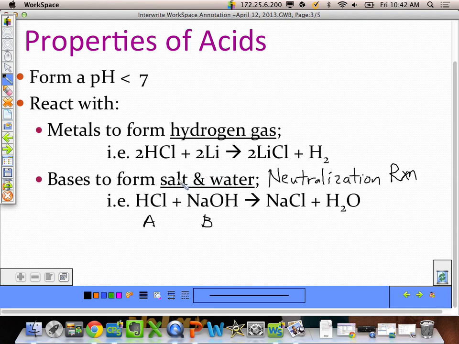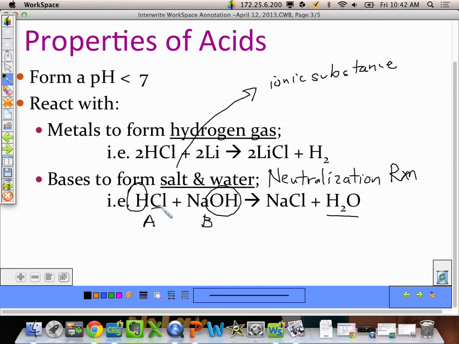And I am always going to get a salt and water. The salt, again, just to remind you, is just an ionic substance. So in this instance, I can write down the H2O right away. That takes care of the OH that I have there, the H that I have there.